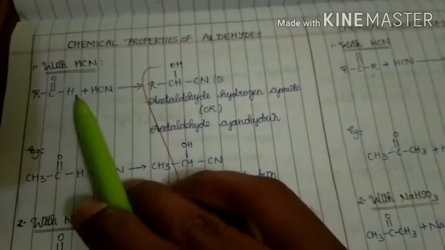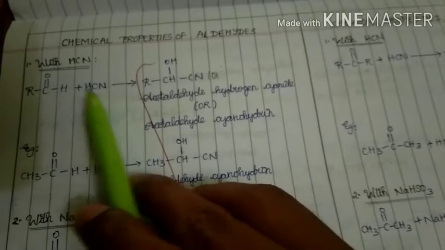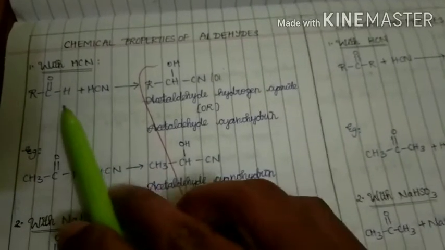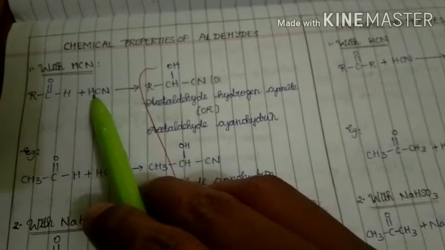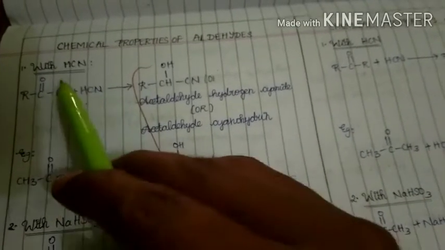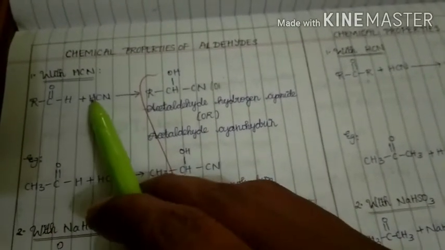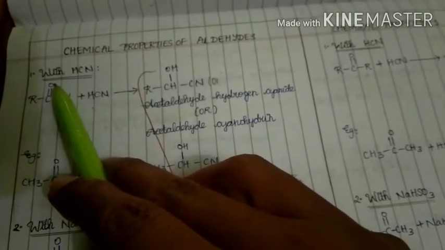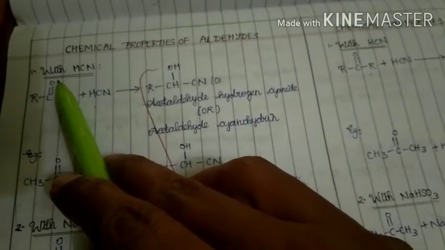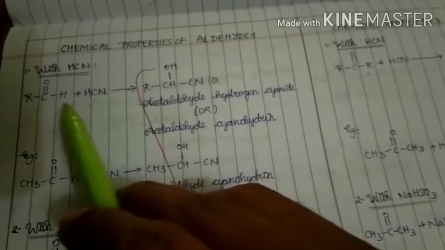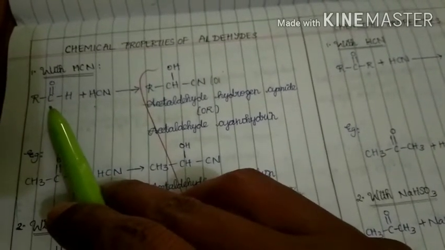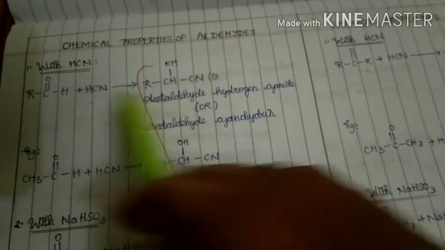When aldehydes react with HCN, what happens? This hydrogen has a positive charge, this cyanide has a negative charge. In nucleophilic addition, this hydrogen goes to oxygen because oxygen exhibits negative charge. To the negative part, the positive part will go. What is the positive part here? Hydrogen. To here, the negative part will come.